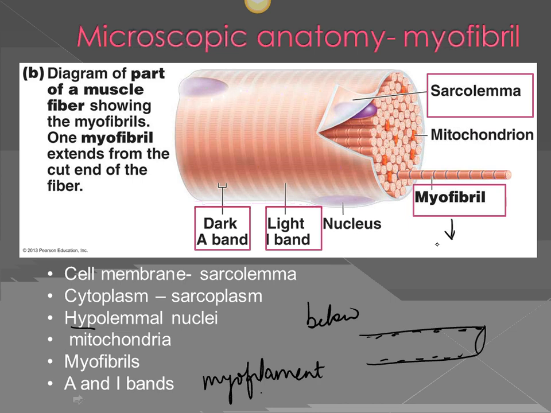The myofibril has myofilaments which give it that banded appearance. You can see a dark and a light, dark, light band. Those bands are called A bands and I bands.